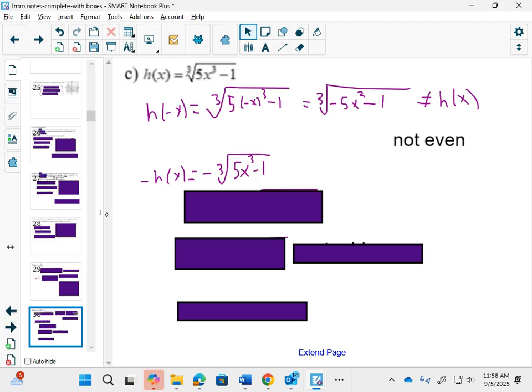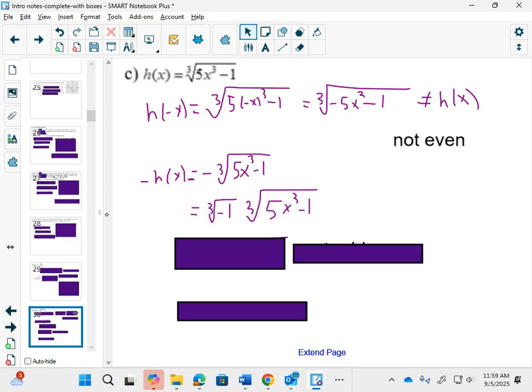And now how do I know for sure whether these are the same? They don't look the same right now, right? I have a negative out in front, the other one doesn't. Are these the same or different? How do I deal with that?